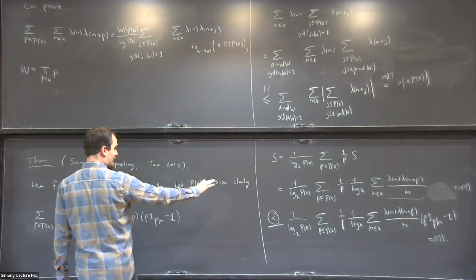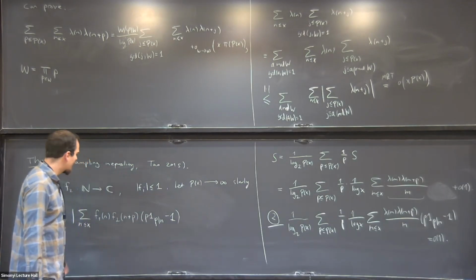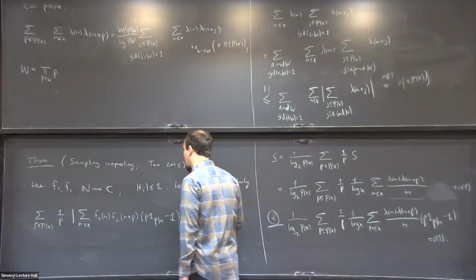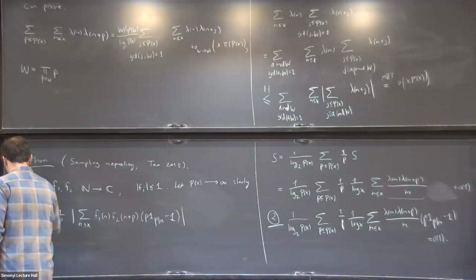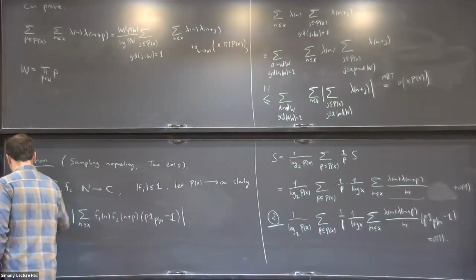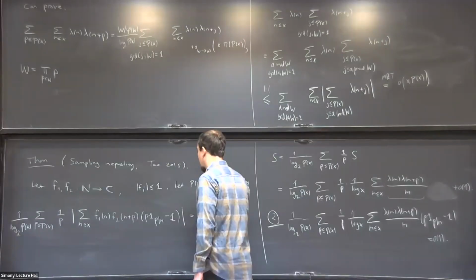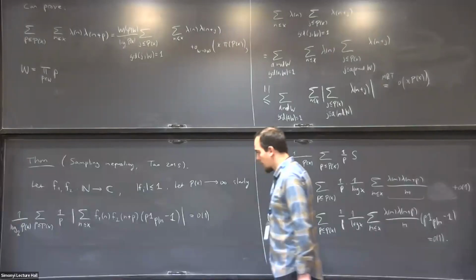And also, let's not put a logarithmic average, because if we can prove something for the ordinary average, we can also prove it for the logarithmic one. That's by partial summation. Normalized by the double log of p of x. So this is the rule of 1.